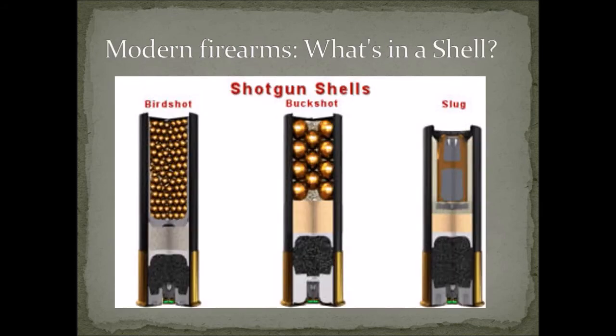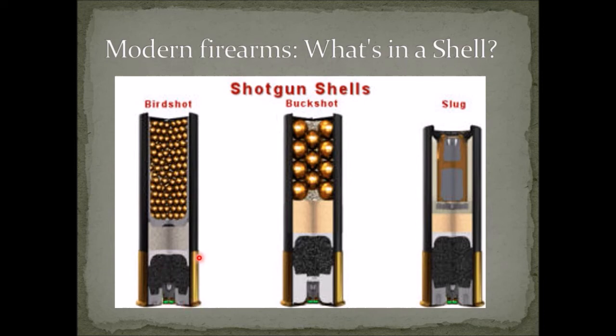So what's in a shell? Now we've already met a round, which was that single projectile that comes out of a pistol or rifle. Shotgun shells are different. The reason they're called shells is because usually only the combustion area is brass, where the powder is. So we've still got primer.